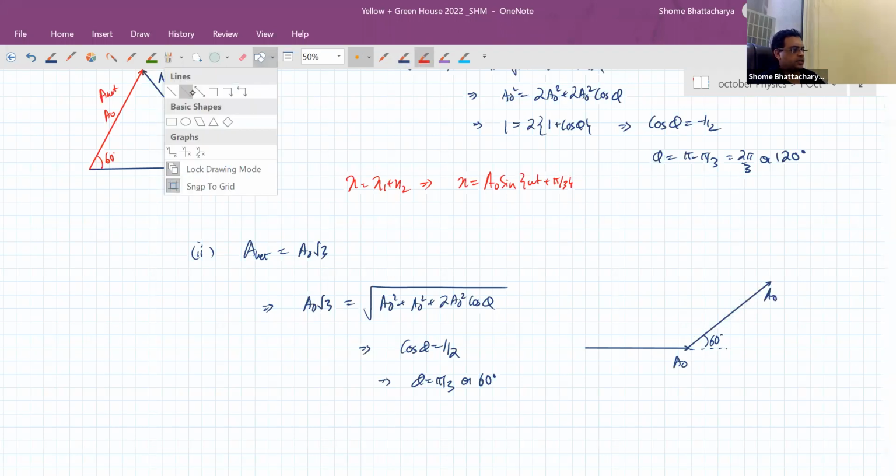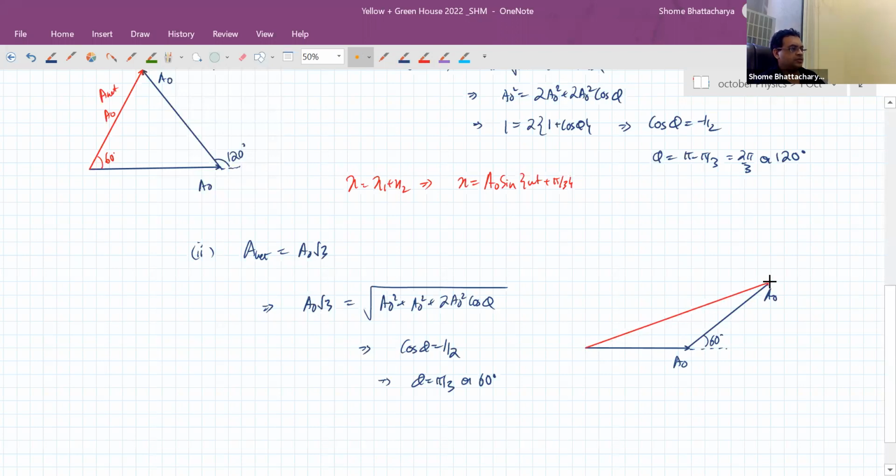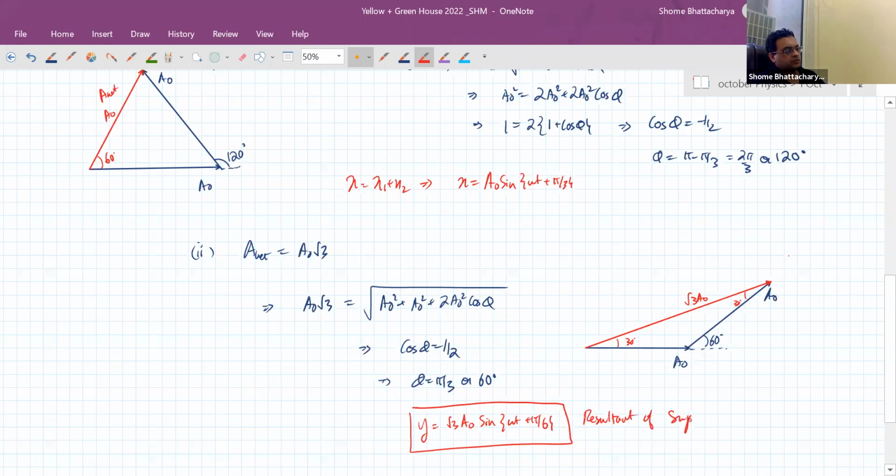So it's an isosceles triangle with the interior angle being 120, the exterior angle being 60. This angle will become 50 degrees equal to this angle. So here this will become the resultant of the superposition. So anyhow, I am sure this is pretty easy and clear for you.